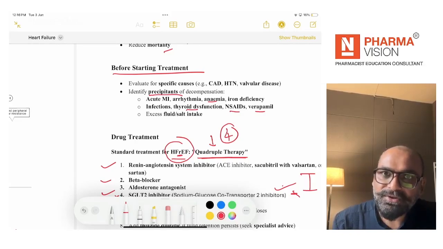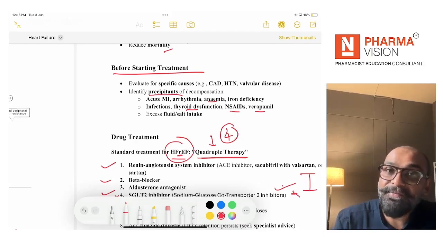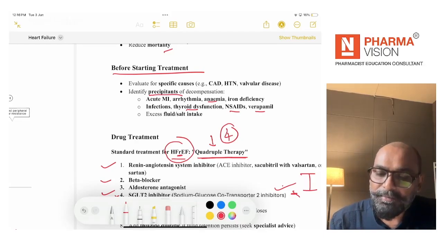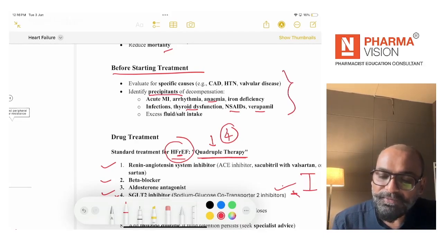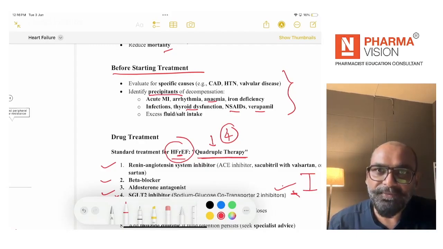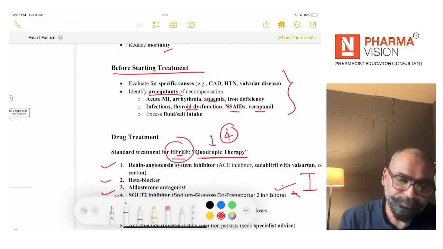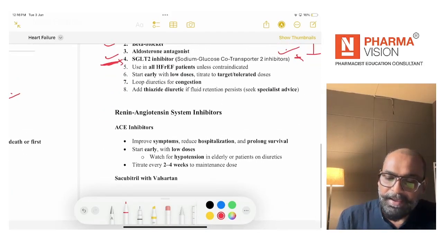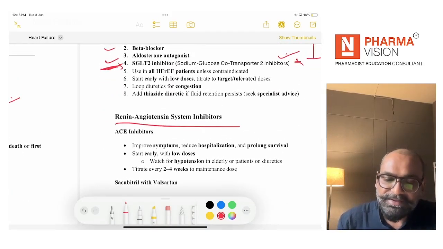Due to these, heart failure is precipitated. So in that situation, we can manage the other underlying conditions, so we get a better result for the management of heart failure.